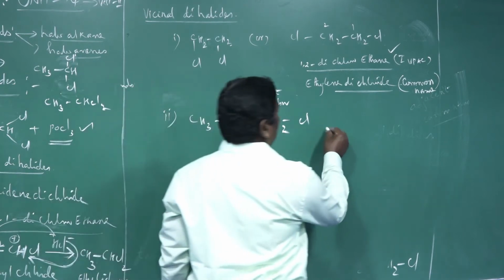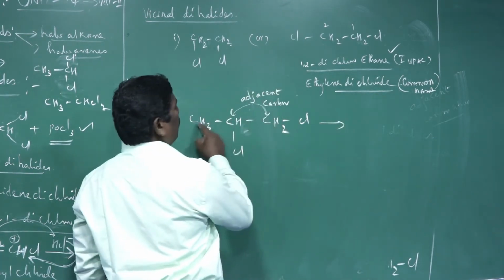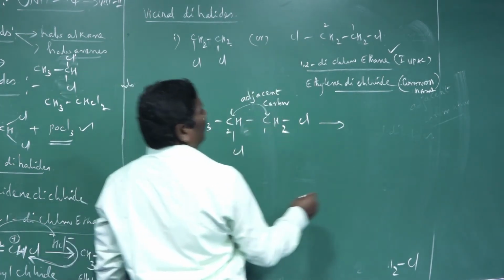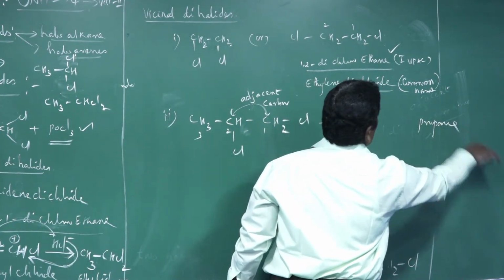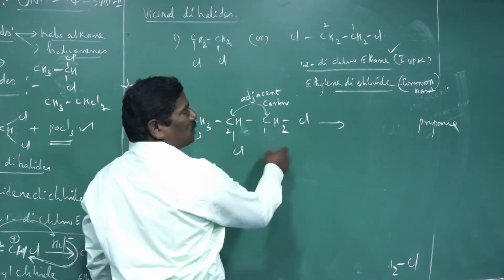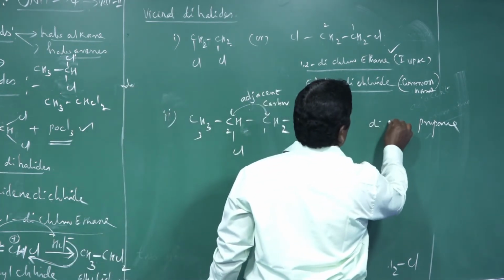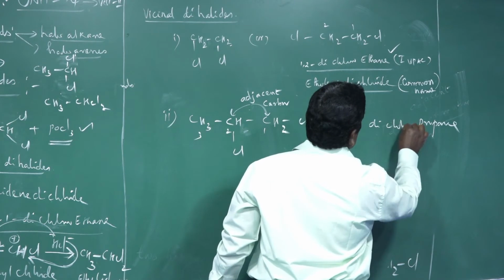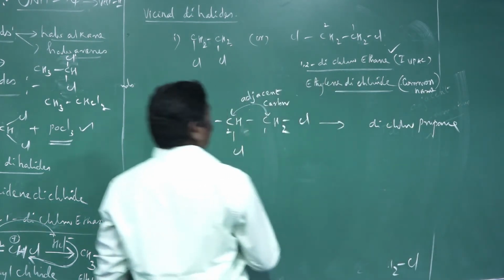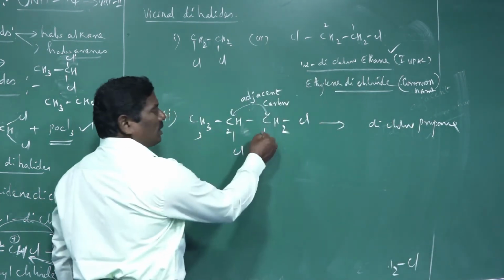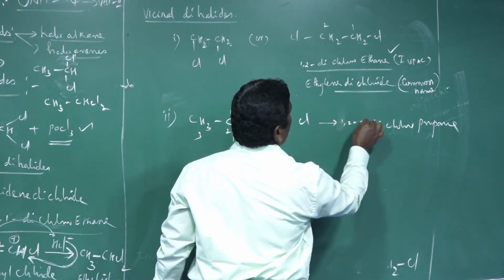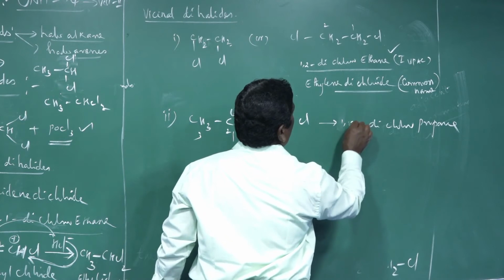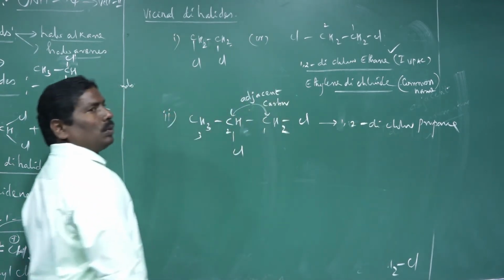Now you can understand that 3 carbons are here, 1, 2, 3. Propane is the fundamental. How many chlorines are there? 2 chlorines, that is dichloro. The chlorine is present on the first carbon and second carbon, so you write 1,2-dichloro propane.